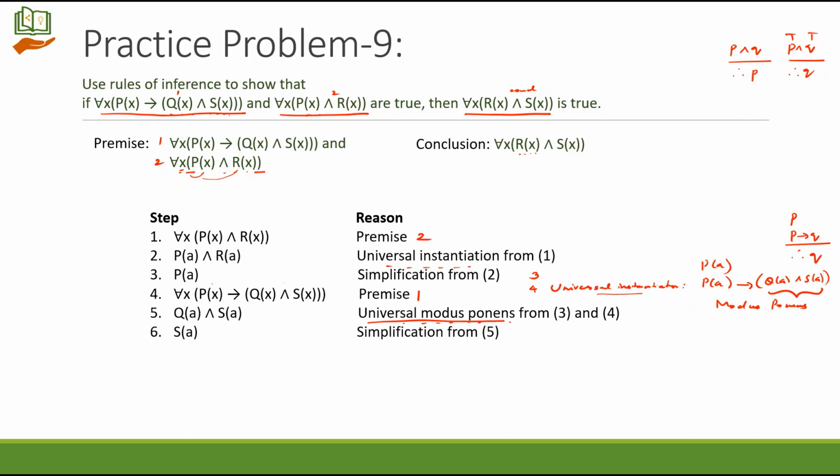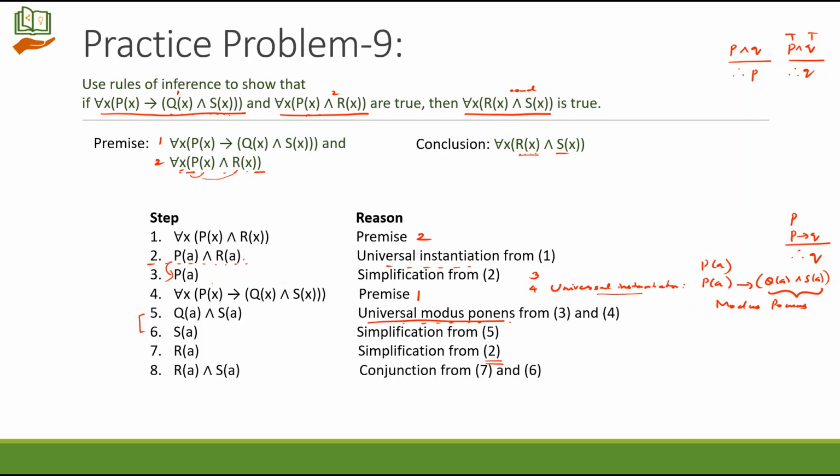The next step will be, again using simplification, we are picking s of a here. This is from step 5. From q and s, we are taking s as the conclusion since both the values are true. The next step will be applying the simplification rule on the second step. This time you are taking r of a. So what are we going to do?